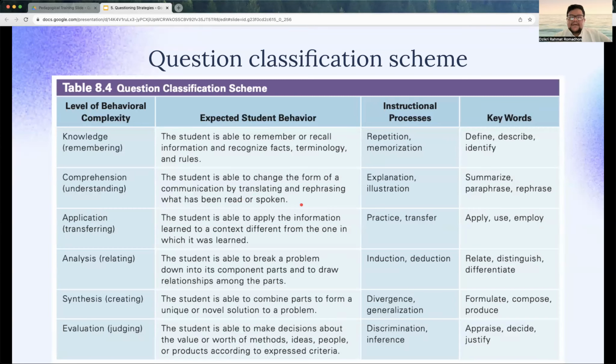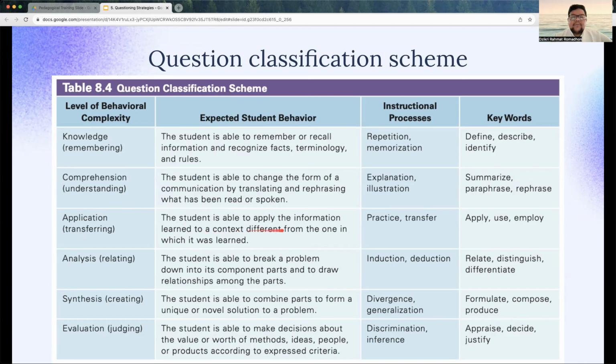So basically paraphrasing. Instructional processes like explanation and illustration, which the student has to do. Keywords to ask the question are summarize, paraphrase, or rephrase. So these are keywords used in comprehension questions.